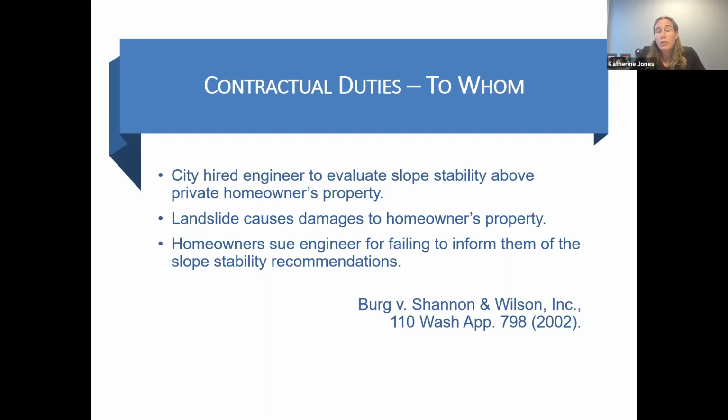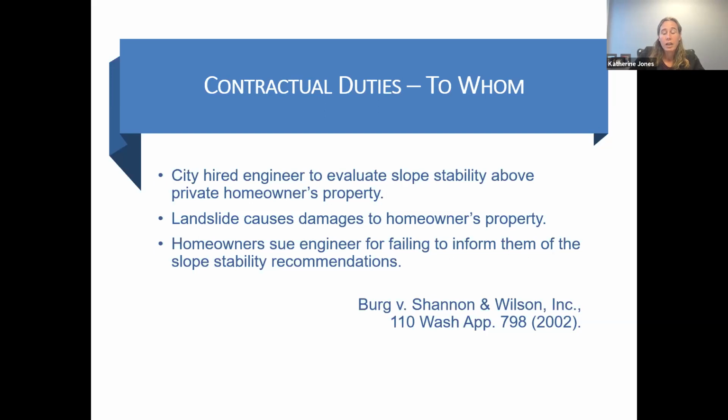This case is called Virg versus Shannon and Wilson, Inc. The facts are that the city of Seattle owned a piece of property that was essentially a cliff. The cliff overlooked a couple of homeowners' residences that were underneath it.